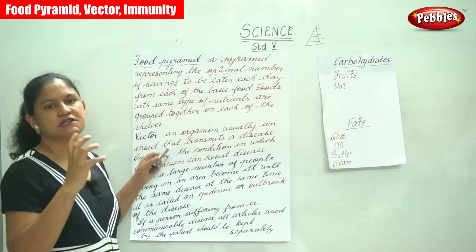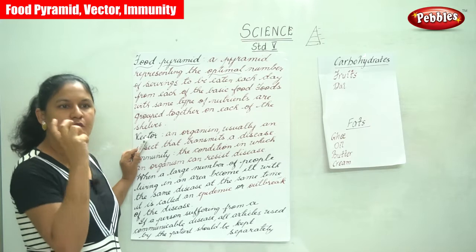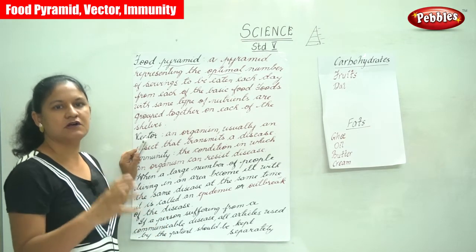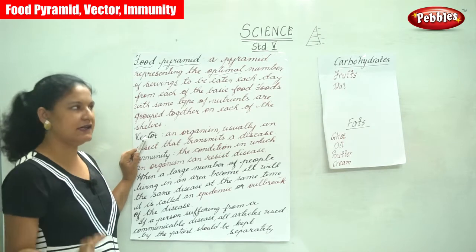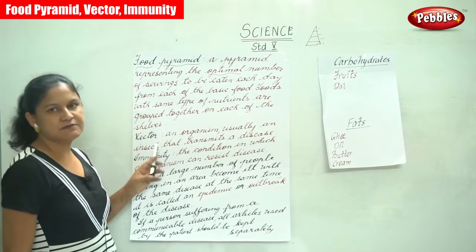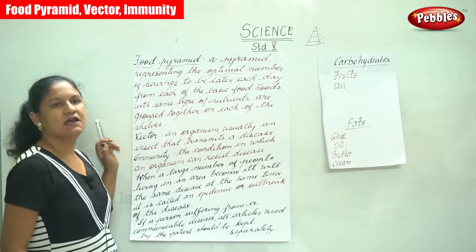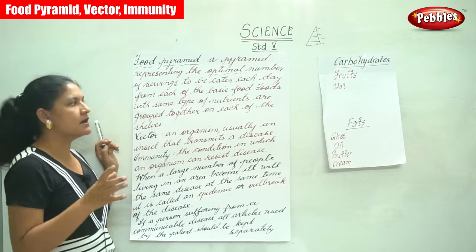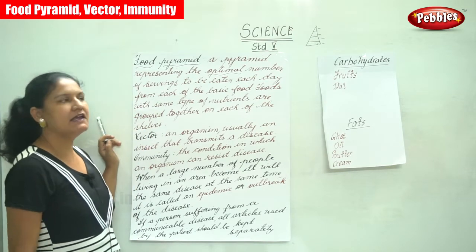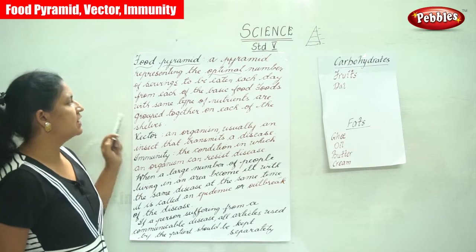So what is the amount of vegetables that needs to be eaten for a meal per day?